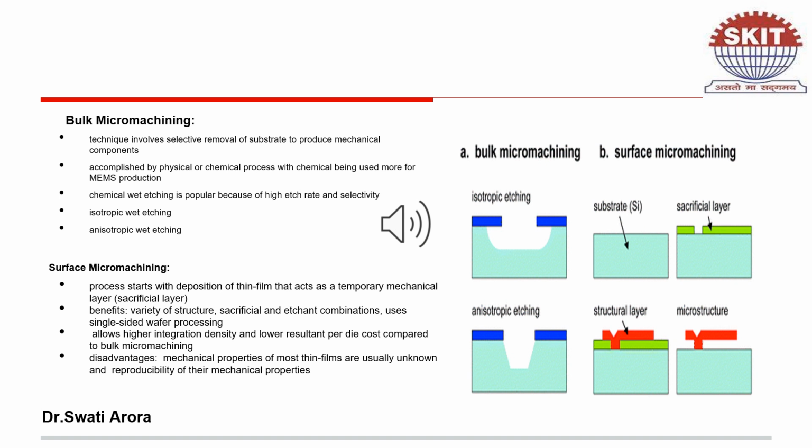So the benefits are that a variety of structures may be possible, sacrificial layer and etchant combinations can be used, and single sided wafer processing. The disadvantage is that mechanical properties of the thin films are usually unknown. So we can see surface micromachining in figure B. In this, the desired microstructure can be obtained.